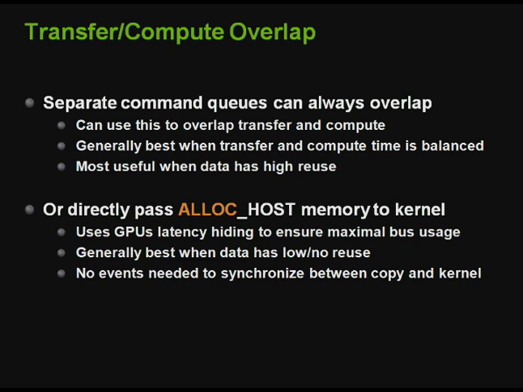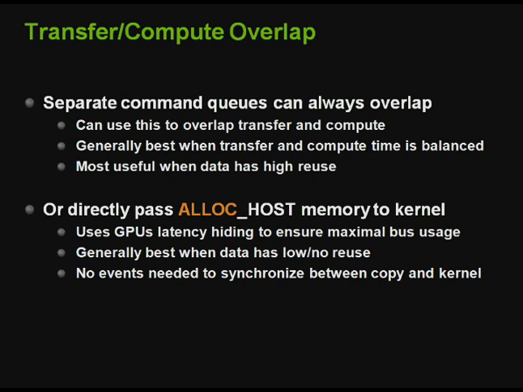Another really important thing to think about for a device that may be on the other side of a relatively long latency bus is how you overlap the transfer of data and compute. OpenCL has a really great API for controlling this. Even if you have separate command queues and a device that doesn't support out-of-order execution, commands in separate command queues within a single context can always overlap each other.